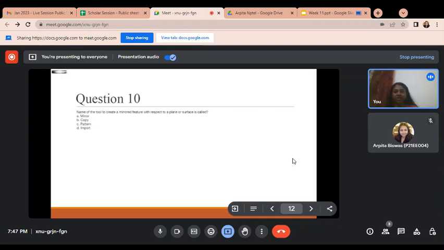First option is mirror, the second option is copy, the third option is pattern, and the fourth option is import. Please try to solve the question.